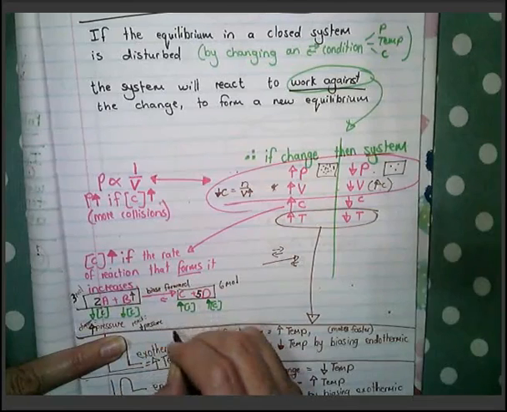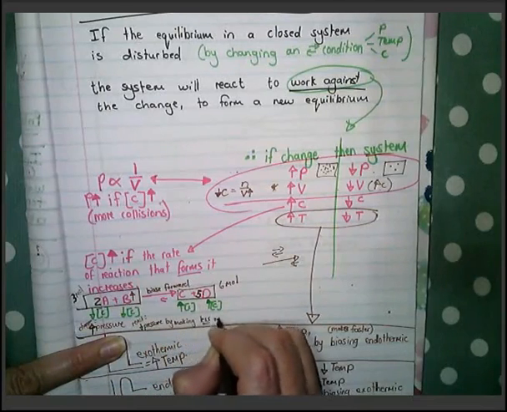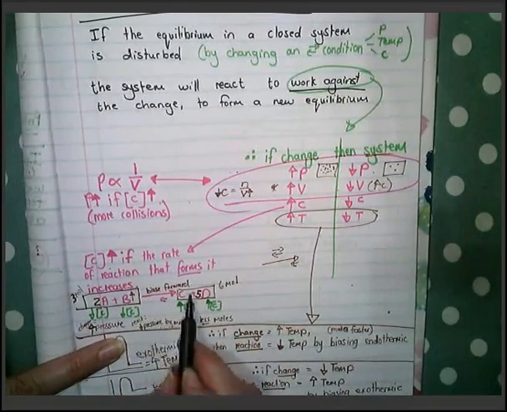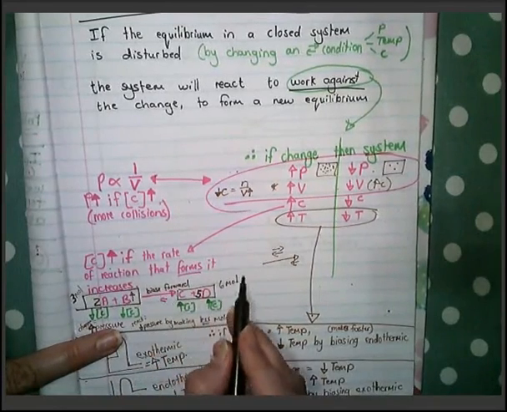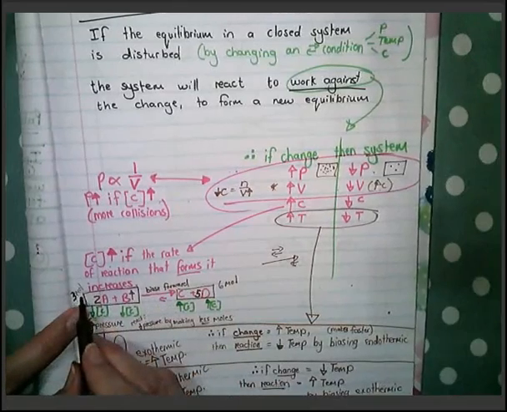And it's going to decrease pressure by making less moles of substances. So you can see in this reaction, forward makes 6 moles, reverse reaction makes 3 moles.